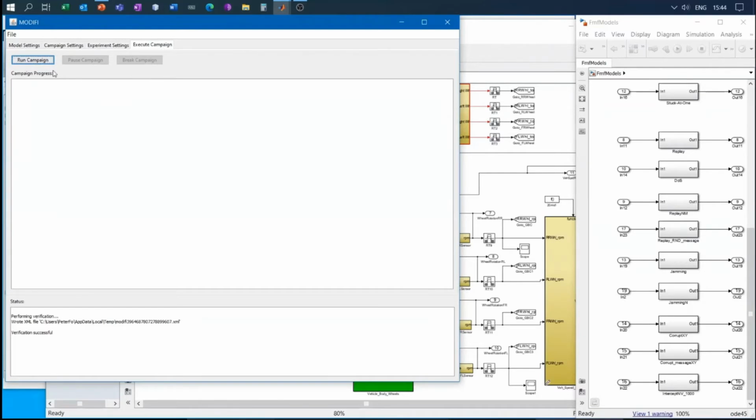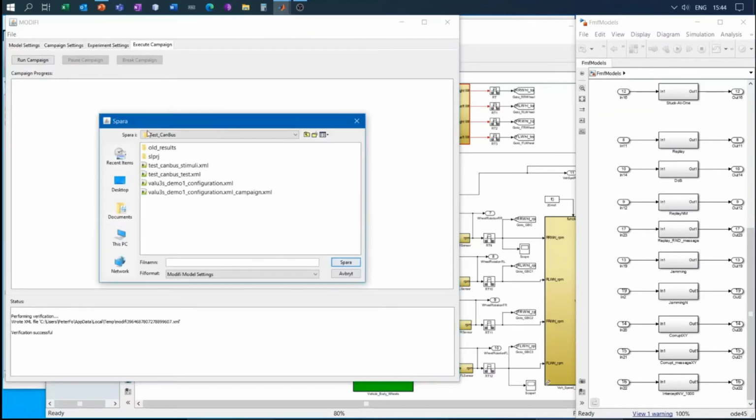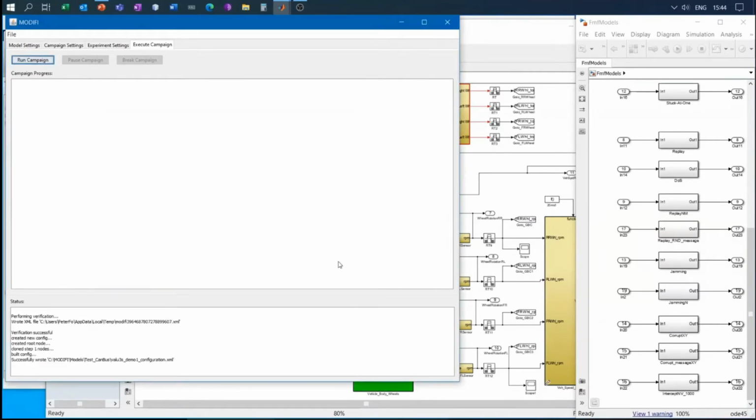So let's now save this campaign configuration so that we may repeat this experiment later. And let's execute the campaign.